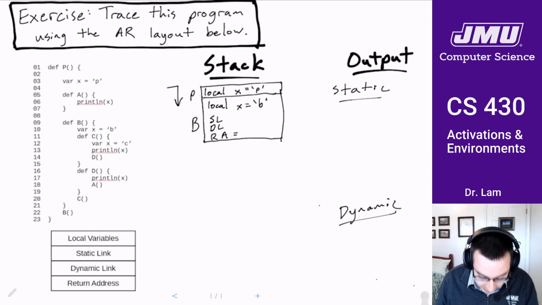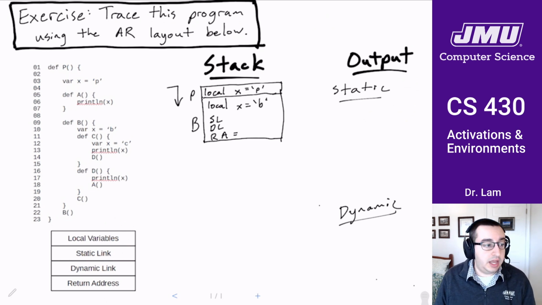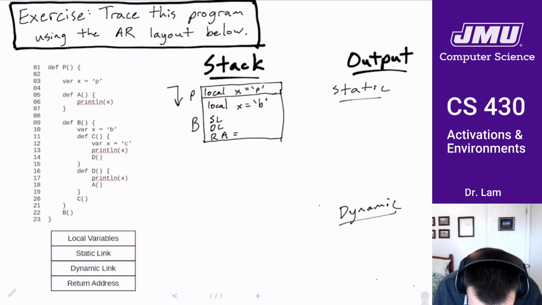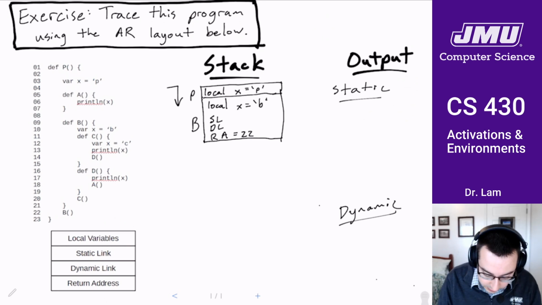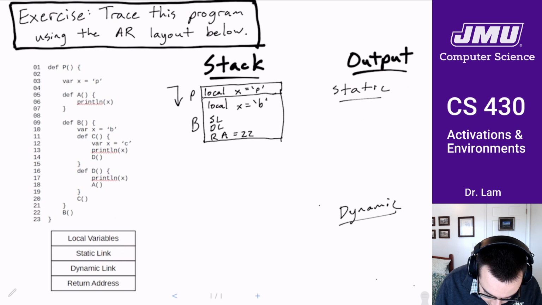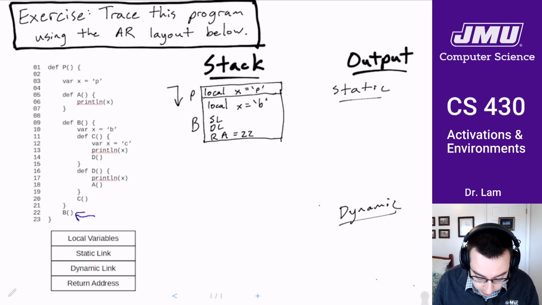So the return address here is just the place where we're going back to in the program. And since I've given you line numbers, we'll just refer to these as line numbers. So we're going to go back to line 22, which is where we called B. So that's where we're going to go back to.